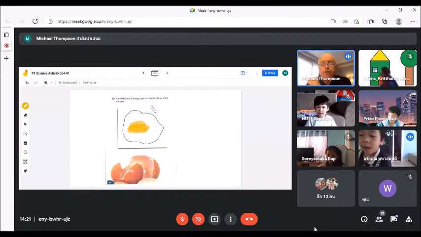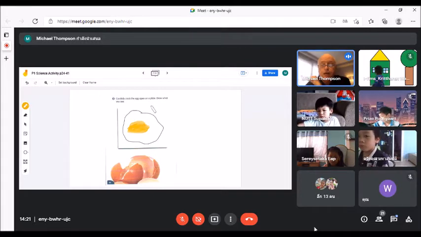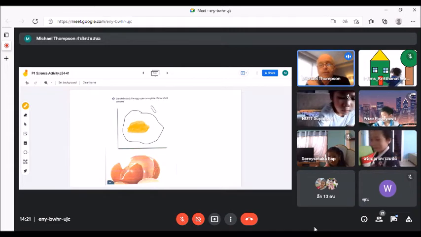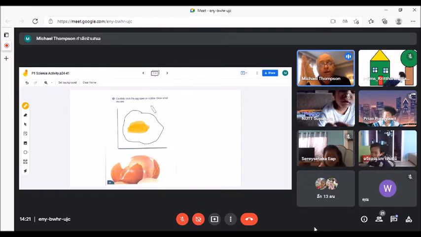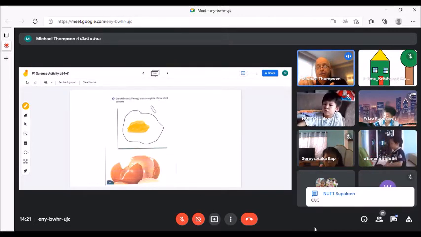So everybody draw. If we don't take the egg, a baby chicken will come. Okay. But if a farmer takes the egg so we can eat it, a baby chicken won't come. All right. There are some people who like to eat a chicken egg with a baby sort of inside.